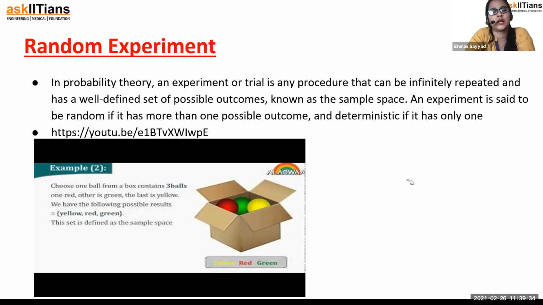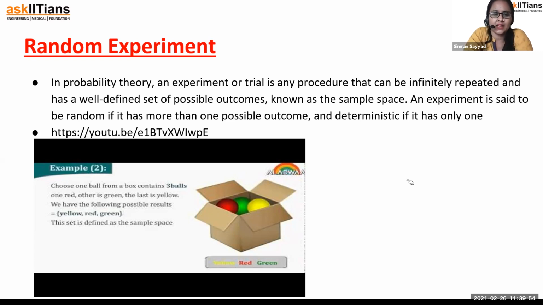like a coin is tossed or a dice is thrown, then they have taken a set of cards. Okay, so whatever conditions, whatever questions they give in front of you, or whatever experiments we have to consider, that is nothing but a random experiment.